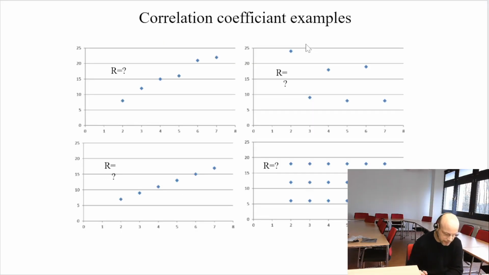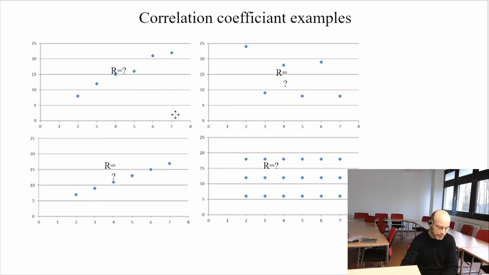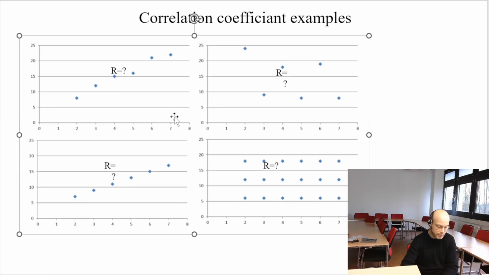Let's look at some examples. So what would you expect more or less for an R in these cases? Would it be in the neighborhood of 0? Would it be in the neighborhood of -1? Or would it be in the neighborhood of +1?